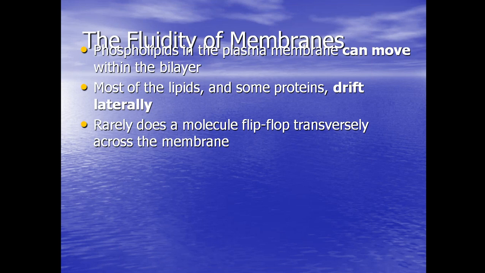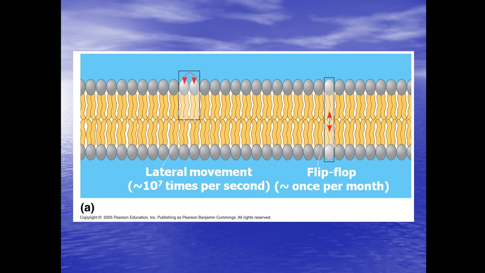These phospholipids in the plasma membrane can move within the bilayer. Most of the lipids and some proteins can drift laterally. But very rarely, the molecules can flip-flop transversely across the membrane. This can move to here, this can move to somewhere here.